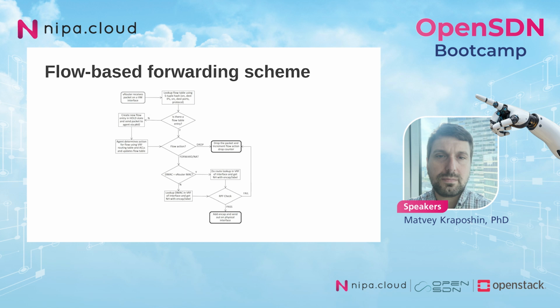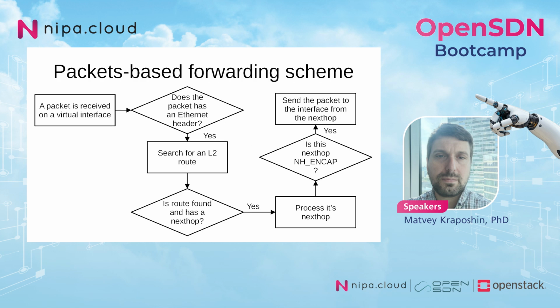Here is a chart of how the flow-based regime works, and we will talk about this later tomorrow. And here is how the vRouter forwarder works in the packet-based forwarding regime. A packet is received on a virtual machine. We check whether this packet has an Ethernet header.